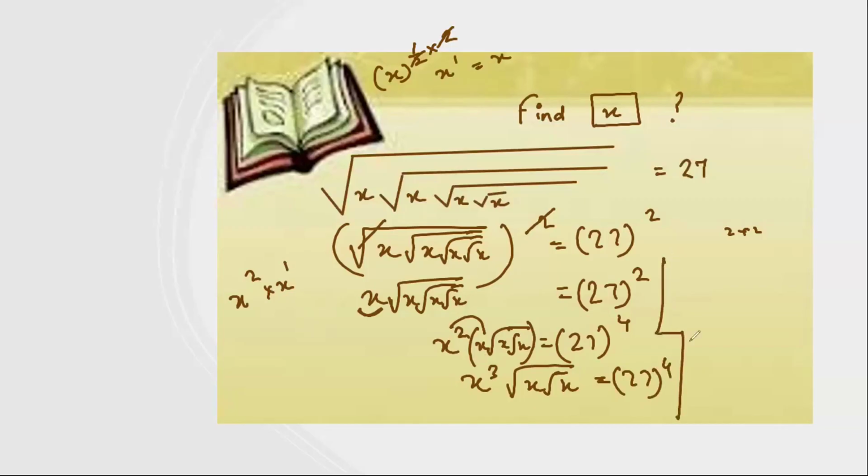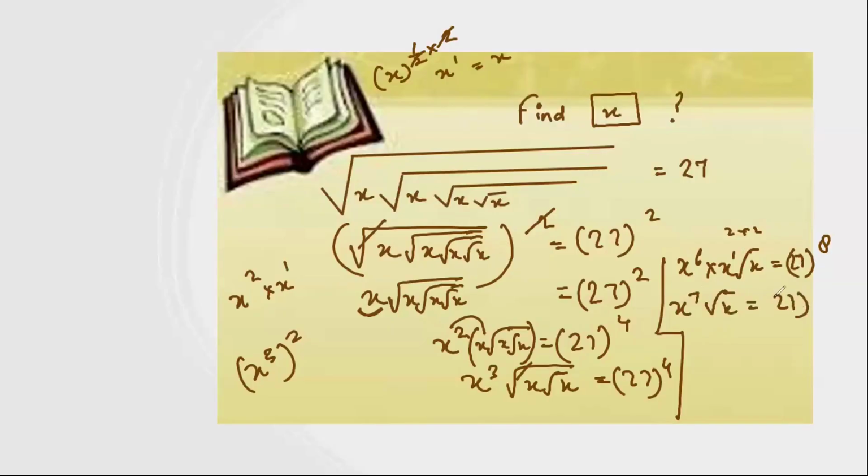Again, I have to do the square. The square of this gives me 6, and with the square I just remove this one, so you are left with this, that is equal to 27 raised to the power 4 times 2, which is 8, right? After that it becomes 7, because 6 and this is 1, 7, and square root of x and 27 raised to the power 8.